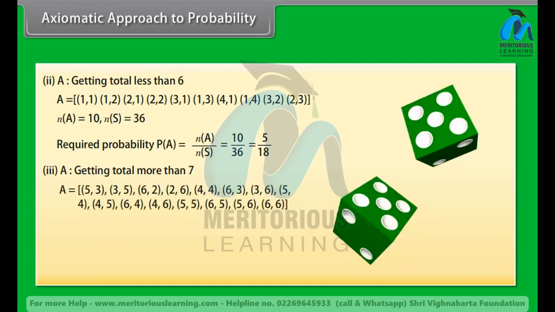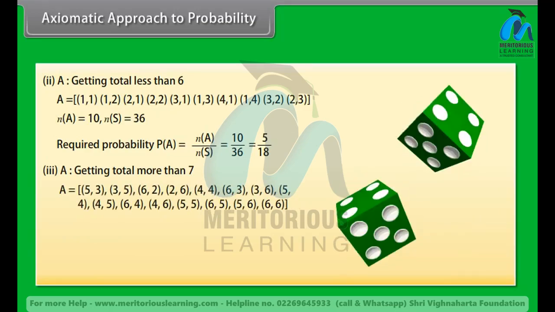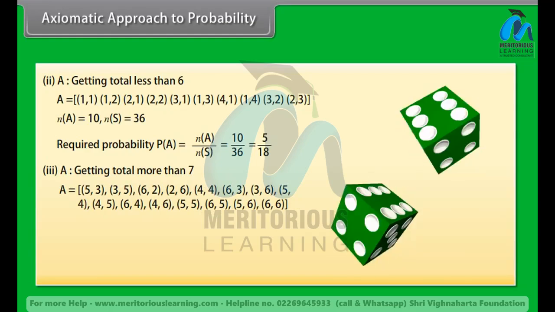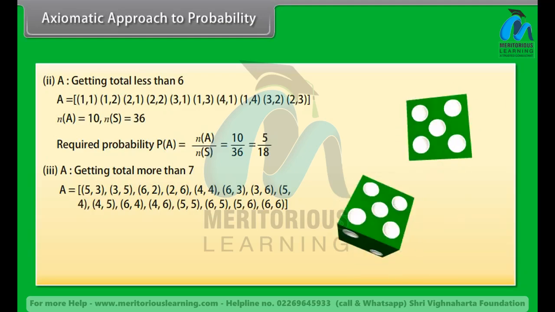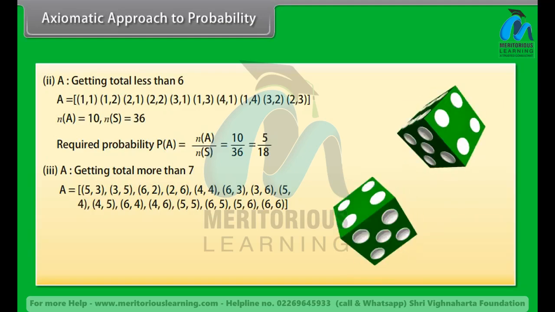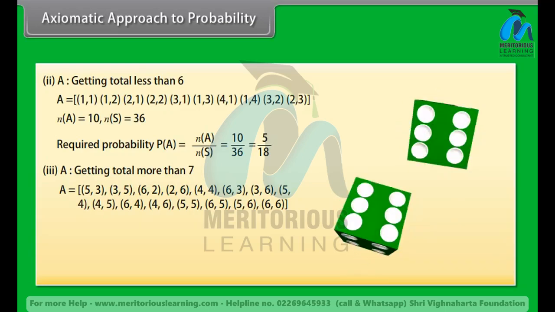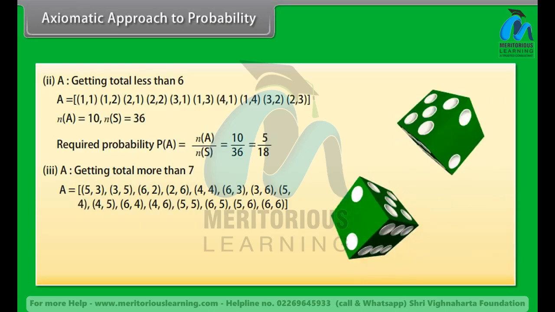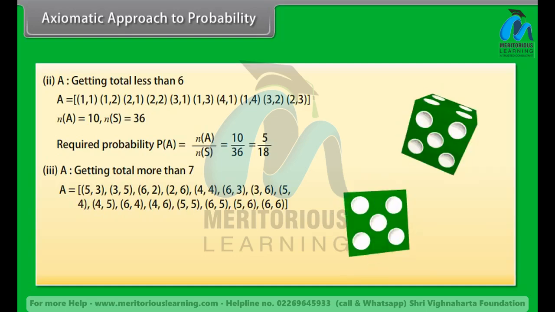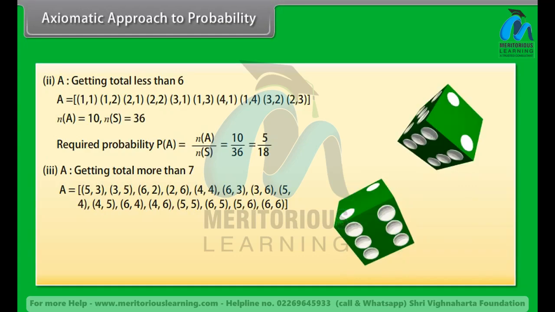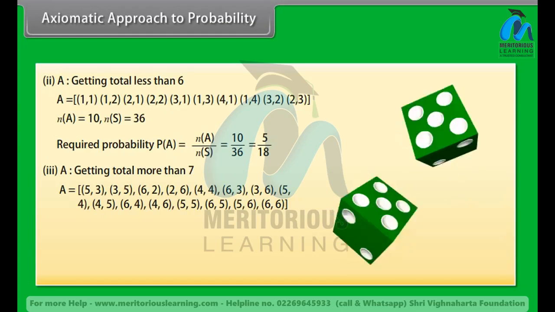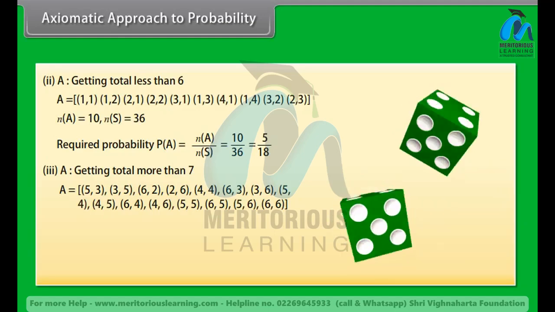3. Let A be getting total more than 7. A is equal to {(5,3), (3,5), (6,2), (2,6), (4,4), (6,3), (3,6), (5,4), (4,5), (6,4), (4,6), (5,5), (6,5), (5,6), (6,6)}.